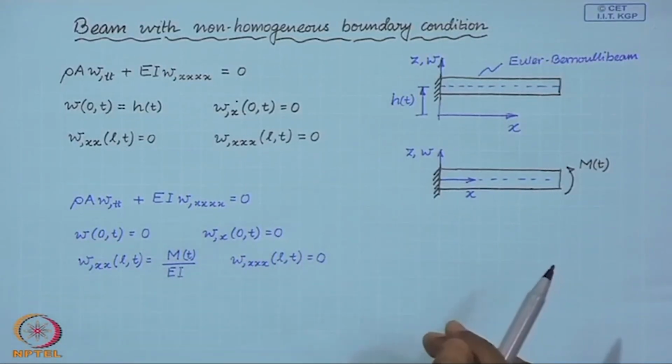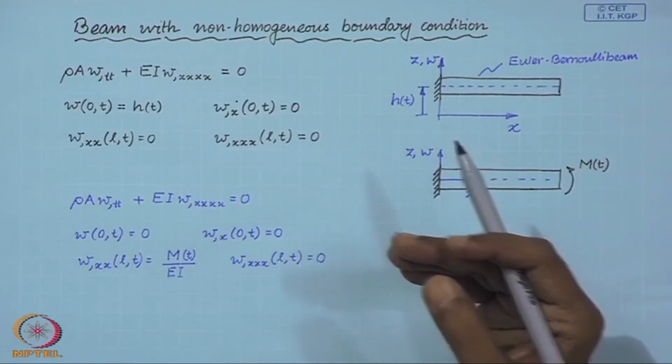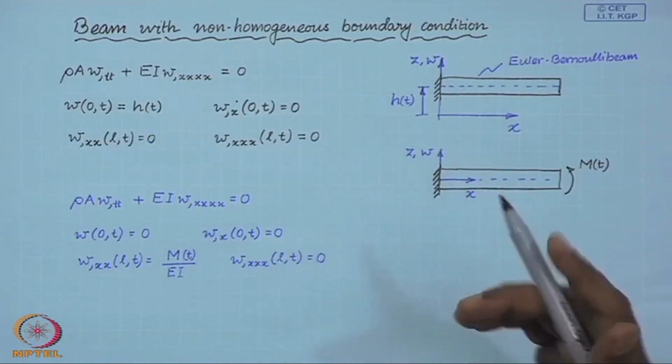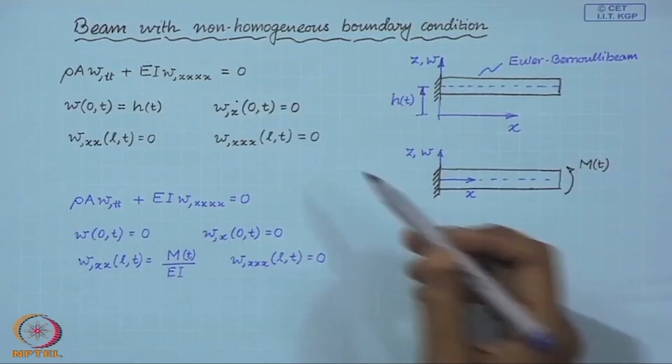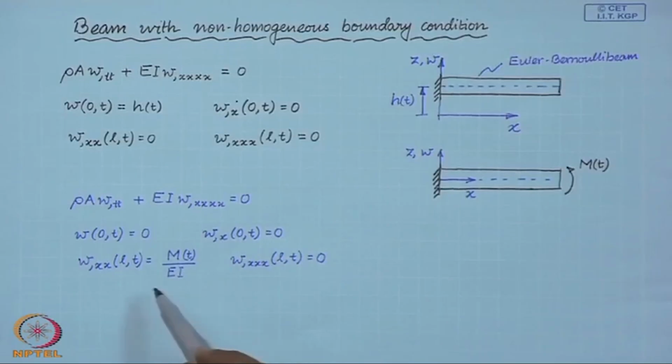Now, why do we need this? Because whenever we have solved the eigenvalue problem, we have considered homogeneous boundary conditions usually. So, if you want to use this modal expansion theorem for solving the system, in such cases you will require that the boundary conditions be homogenized first.